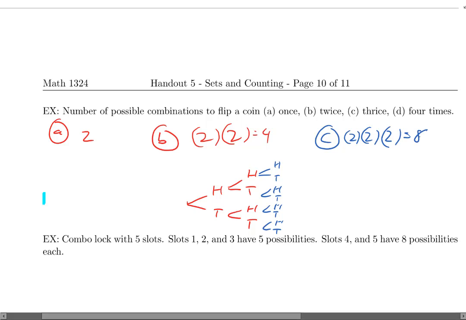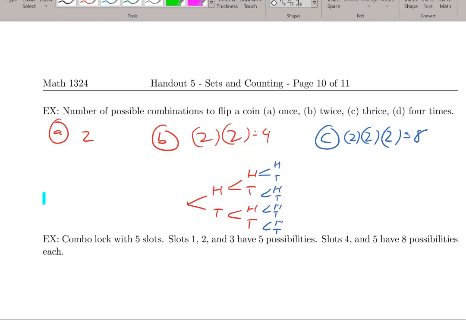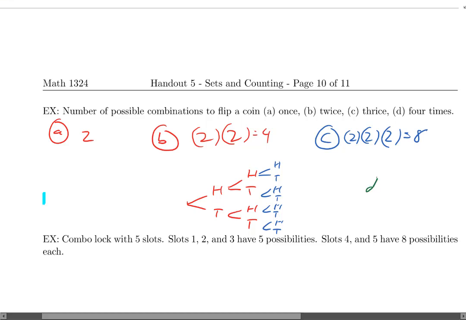And if we do another one, making it 4 times, that's another flip. So this top one could be heads, heads, heads, heads, or heads, heads, heads, tails, and so on. They each have two options. That's going to be 2, 2, 2, 2, 4 times, which gets you 16. It's the multiplication principle.